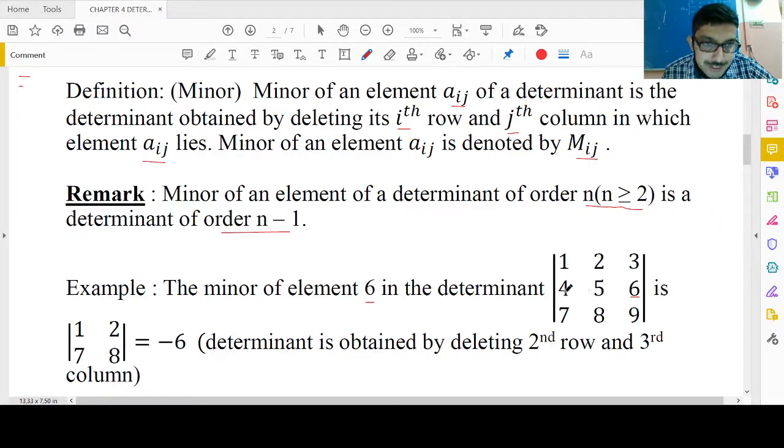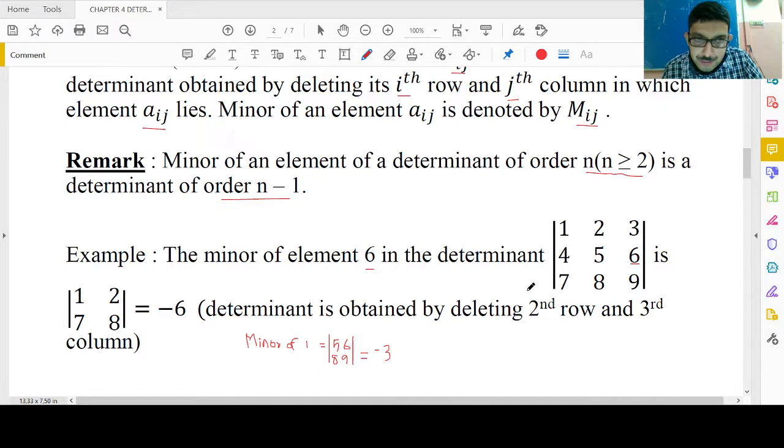When you delete them, we will get a determinant of order 2, that is, the determinant 1, 2, 7, 8. If you find the value of this determinant, it will be 8 minus 14, so that is minus 6. So the minor of element 6 is equal to minus 6.